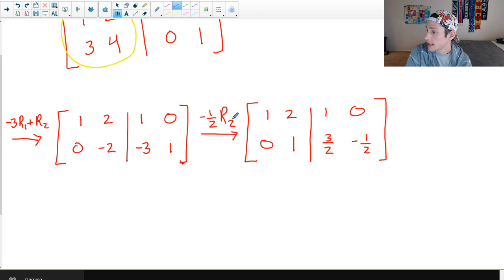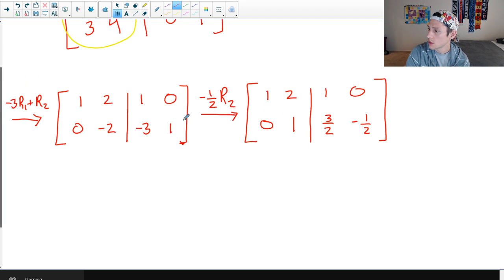Okay, and now I have a 1, 0 below it, I have a 1 down here. There's nothing more below, so now I'm going to work on the upward stuff. So I want to get rid of this 2. I want to clear it, make it a 0. So what added to 2 makes 0? Negative 2. Great, so let's do negative 2 times row 2 plus row 1.